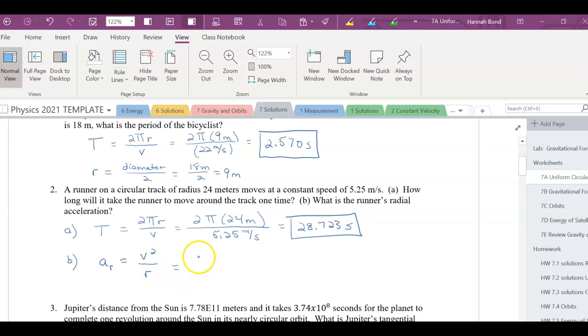So the velocity is 5.25, and we're going to square that and then divide by that radius. And the radial acceleration is 1.148 meters per second squared.